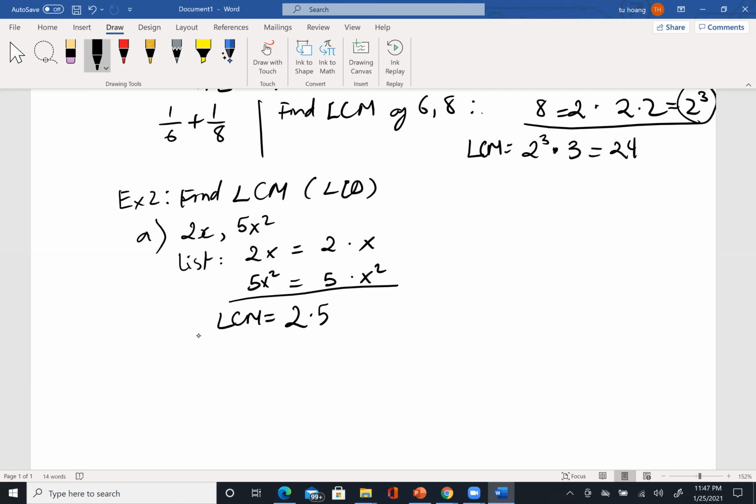And now the factor is x. What is the greatest number of times factor x occurs? It's actually 2 over here, right? So I put x to the power 2 here, and that will give you 10 times x squared. That's going to be the least common multiple.